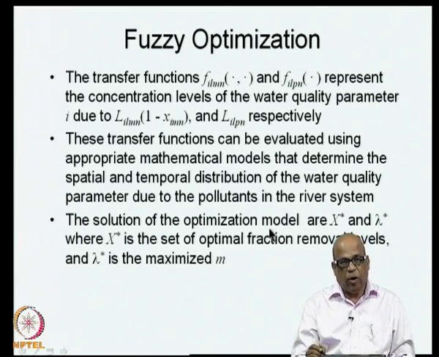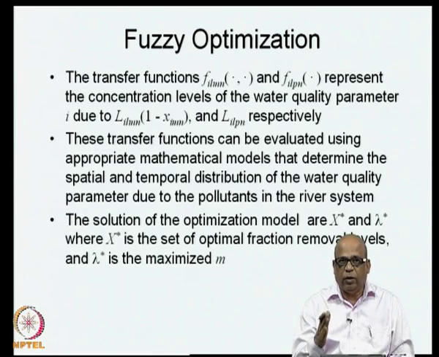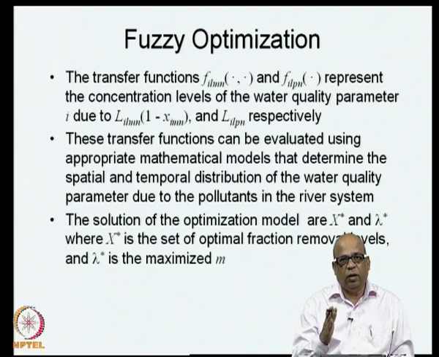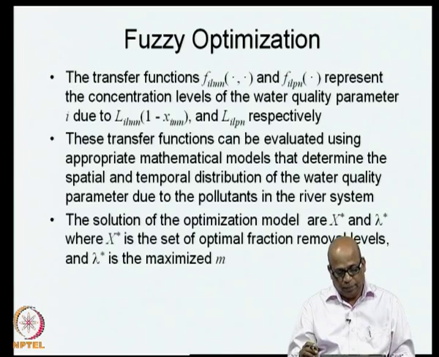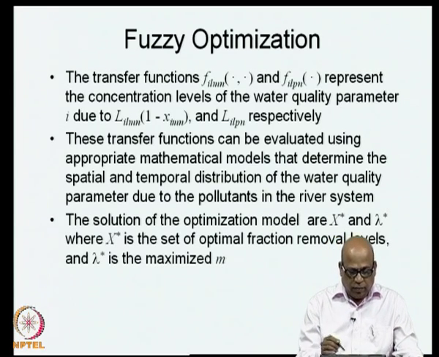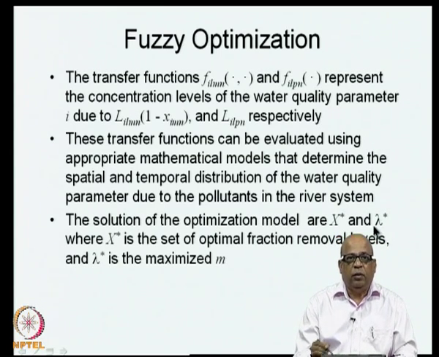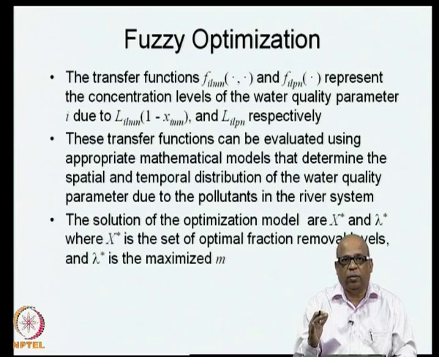And the solution of the optimization model is x star, which is the decision vector. I will repeat, the vector of the fraction removal levels at each of the discharges. There are m discharges, x1, x2, x3 etcetera up to xm, that is the vector of decisions that we are talking about. And we formulate this typically as the fuzzy optimization problem, where we are looking at the maximized value of the minimum membership function, typically interpreted as the maximization of the satisfaction level in the system.